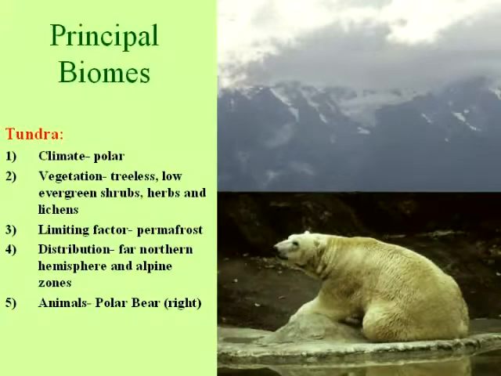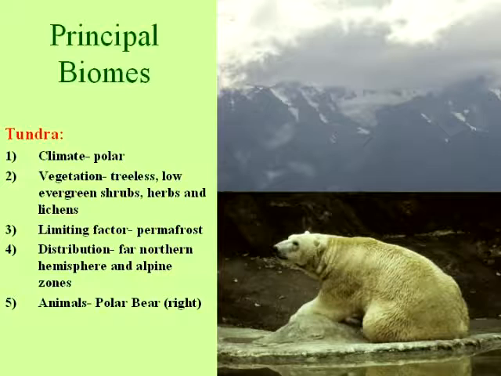So if I wanted to summarize the principal features of tundra, I would do it like this. If we focus first on the climate, we could characterize the climate as polar. I said we could divide that boreal climate into subdivisions, and this is a subdivision of the boreal climate. The coldest climates on the planet you find at the poles, so we can call them polar climates.